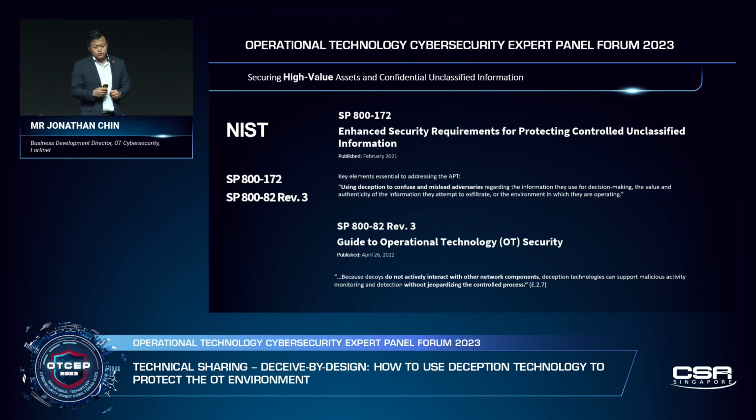What they say is that because decoys do not actively interact with other network components, deception technology can support malicious activity monitoring and detection without jeopardizing the control process. What it's saying is that deception technology is passive, it's non-intrusive, and you can continue your operations without any further interruption.